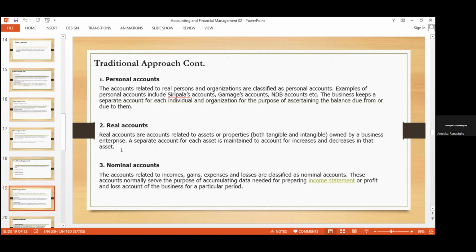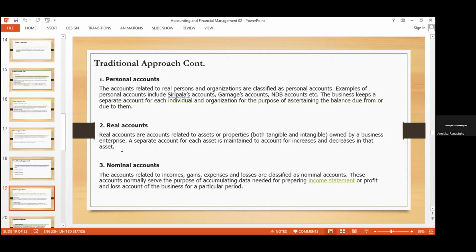Another one is real accounts. Real accounts means accounts related to assets or properties, liabilities owned by the business.